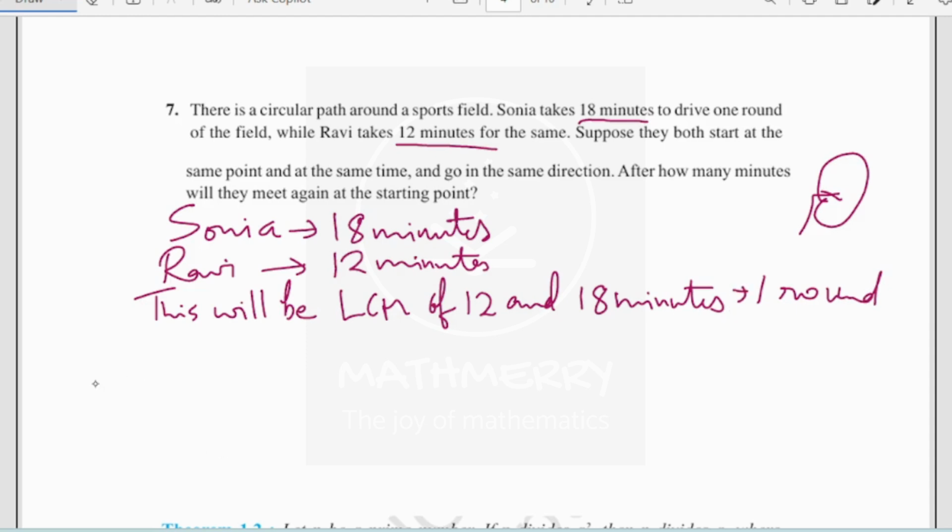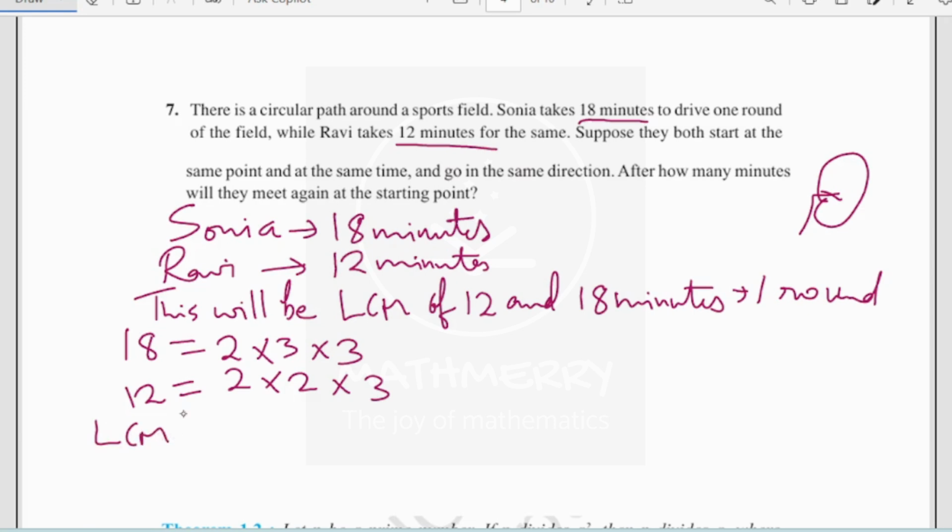Let's factorize 18. 18 we can write as 2 into 3 into 3. And 12 we can write as 2 into 2 into 3. Now we need to find the LCM of 12 and 18.